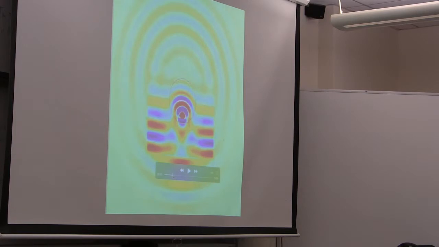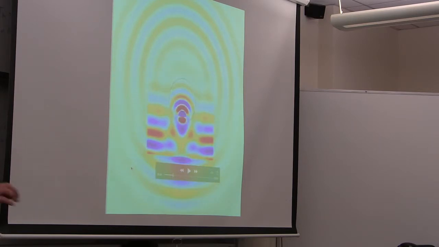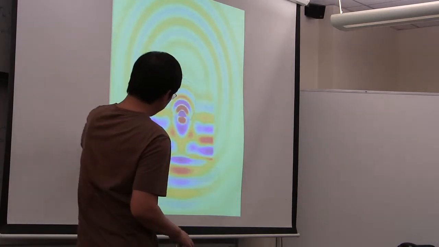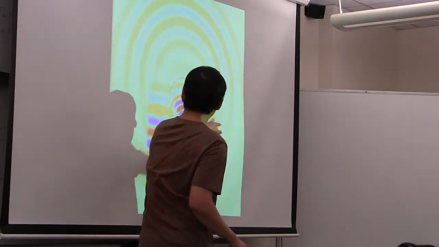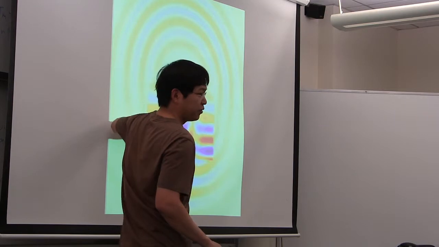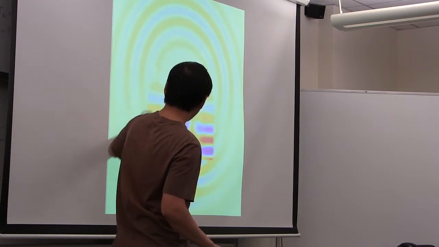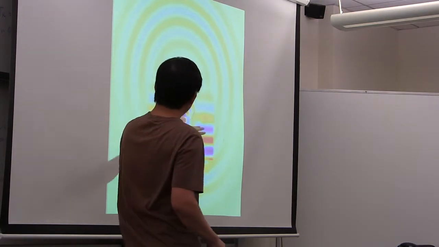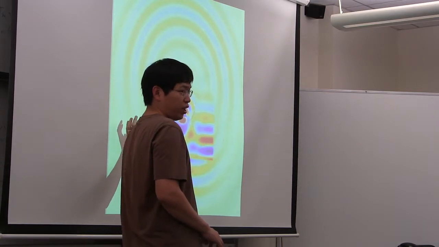I'll stop the movie here. So you can see that there's some boundary here, right? In this boundary, you have the sum of the scatter wave and incident wave. So inside this boundary, you have the total field. But outside the boundary, you only have the scatter wave.